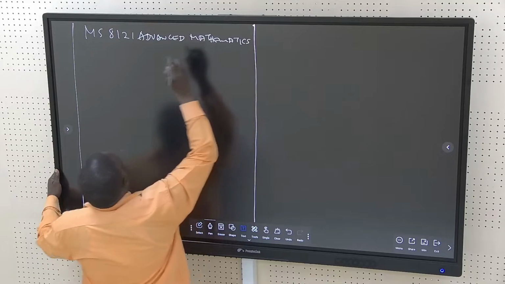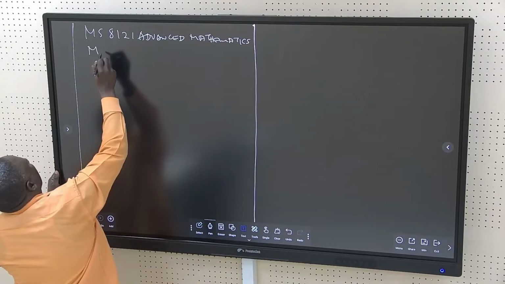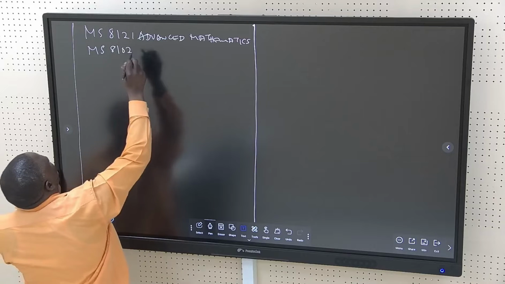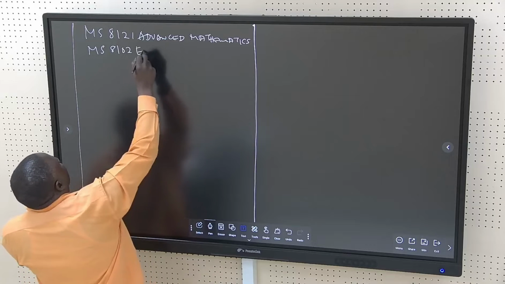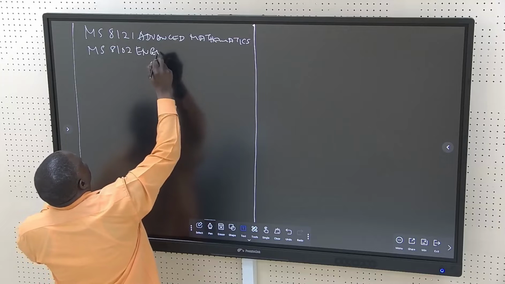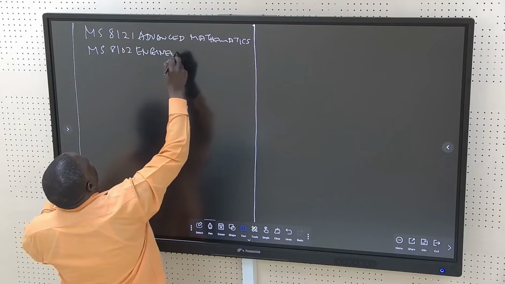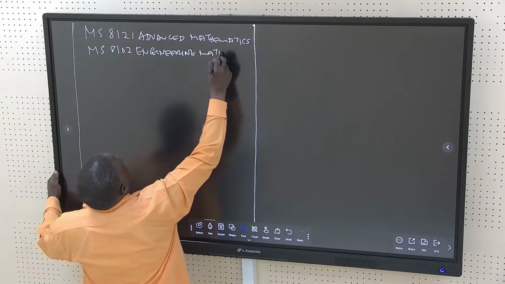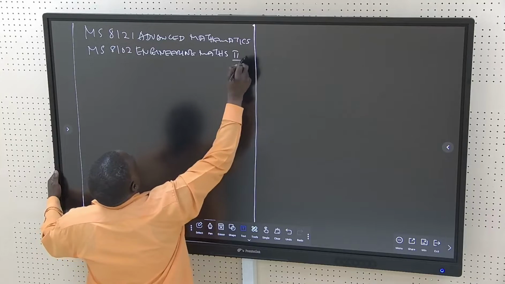And for those doing Mechanical Engineering, it is called MS 8102 Engineering Mathematics 2.